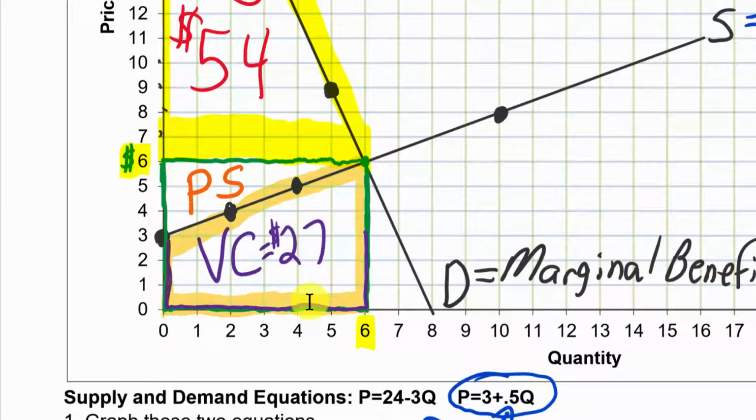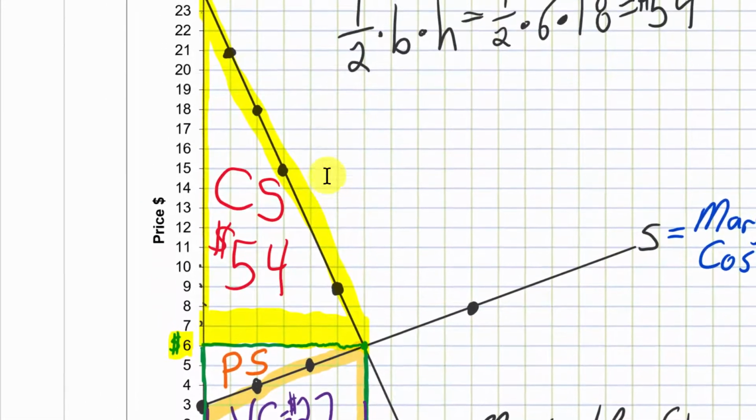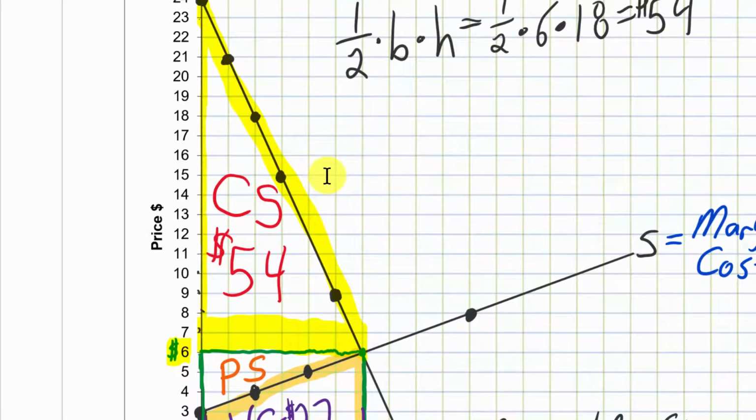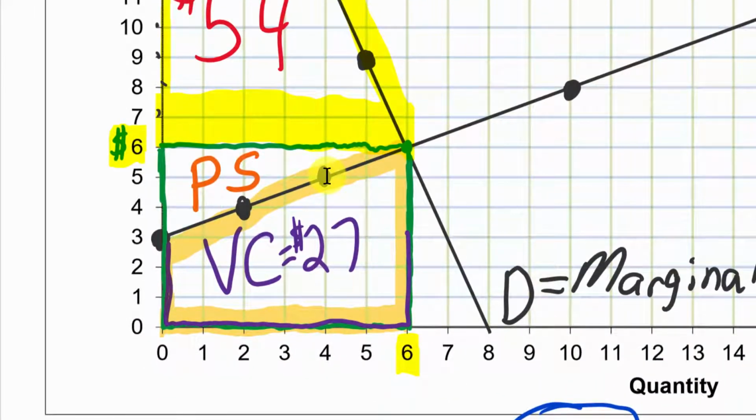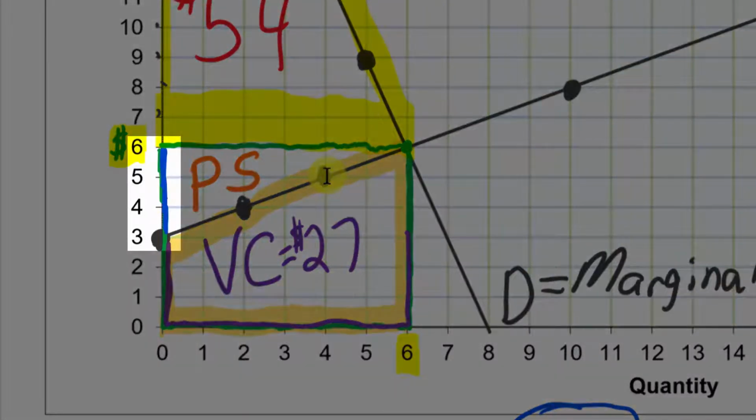So you can always find the variable costs as the area below the supply curve. The producer surplus is always below the price the business gets, the $6 each, and above the supply curve. And the consumer surplus is always below the demand curve and above that price the consumers are paying. So this producer surplus is that little triangle there. 1/2 times this leg of the triangle is 3, 1, 2, 3.